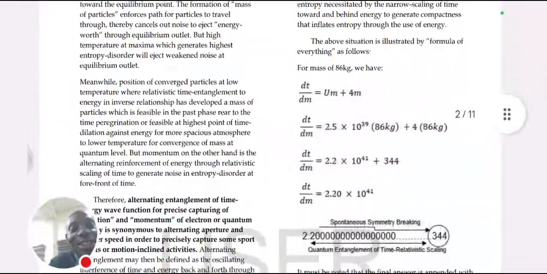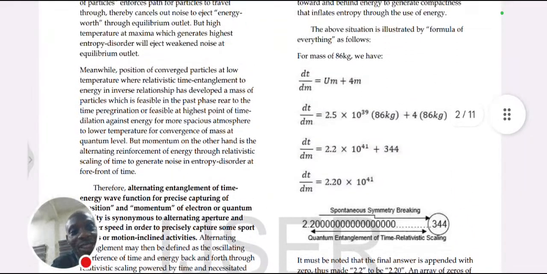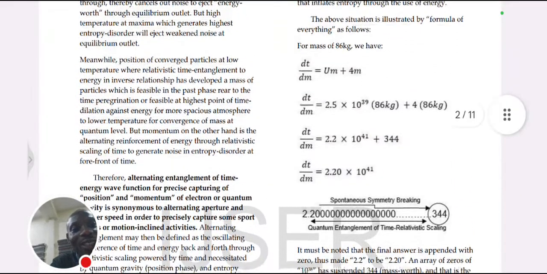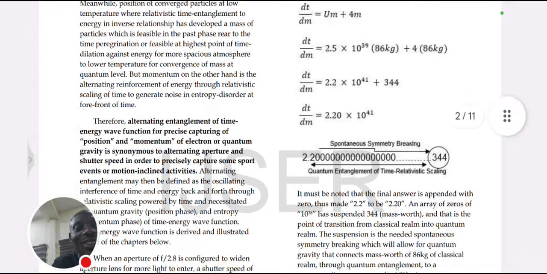So here you can see how formula of everything is applied. You can see in this case I use 86 kilogram mass. You understand?